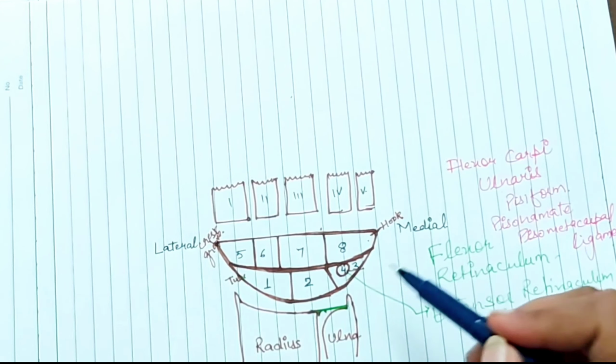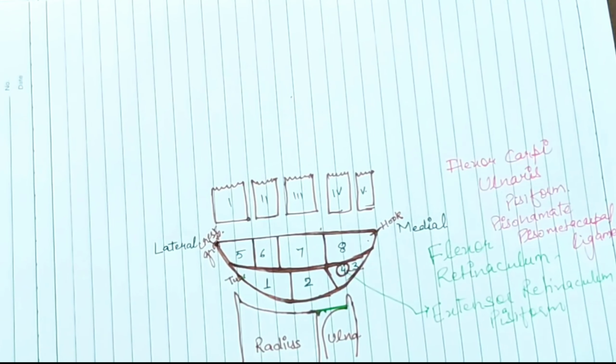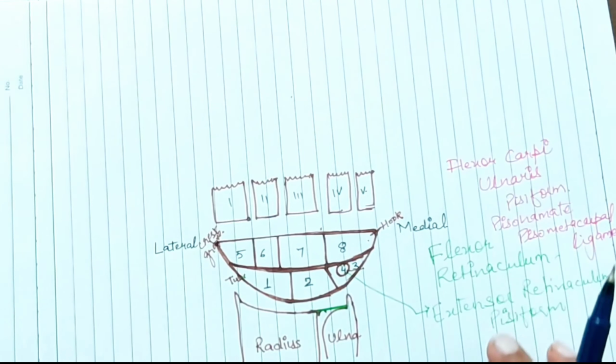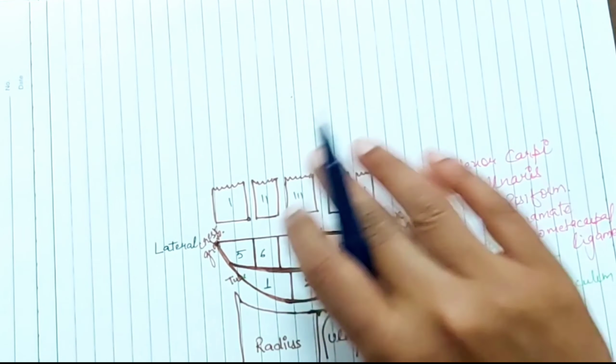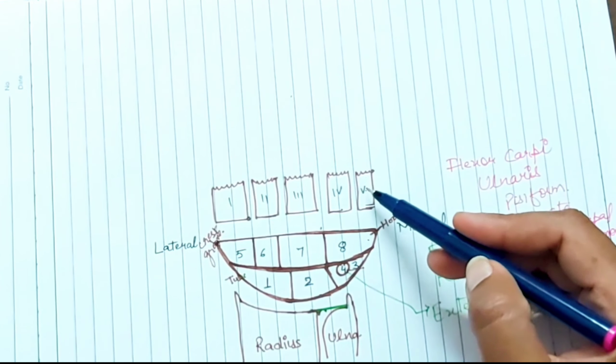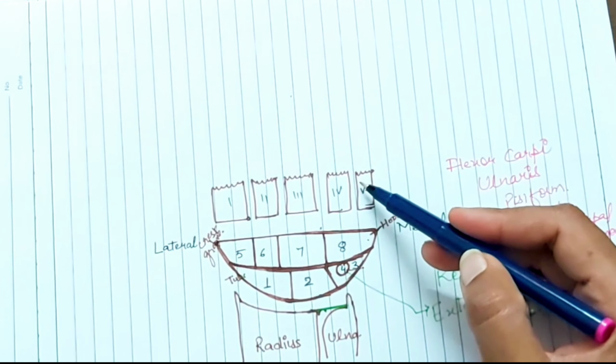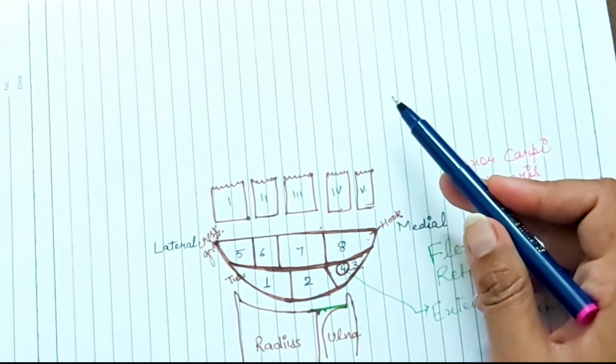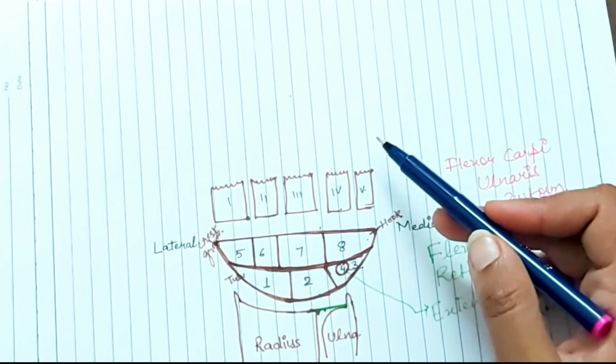So these are again attached onto pisiform. Now these are separate structures. This side is the medial side, so the small finger is coming on this side. The fifth metacarpal articulates with the fifth finger.